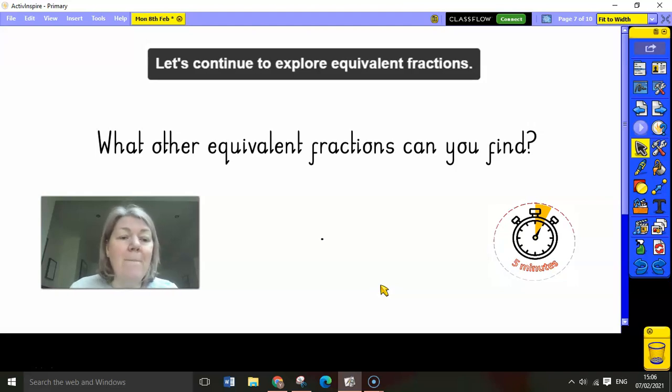Just do a mixture, a range, and see what you come back with. We're not going to talk about them. I just want you to have a little go at being confident with using both your fraction strips, your fraction wall, and the interactive one. So in 5 minutes, come back and we'll move on to a couple of questions that we're going to get you to do today.